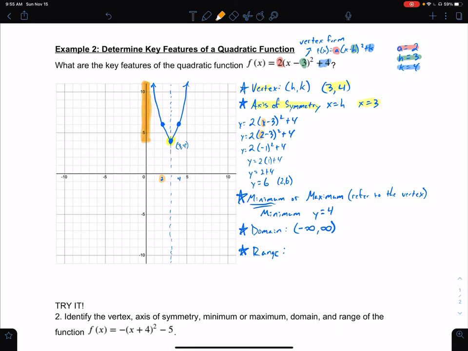Right? And then it just keeps going up forever. So my range, the lowest number, the minimum, is 4. The highest number it can be is positive infinity. Remember, infinity symbols are always going to have a parenthesis. 4 is included as part of my graph because we do have 3, 4. So I'm going to use a bracket with the 4.